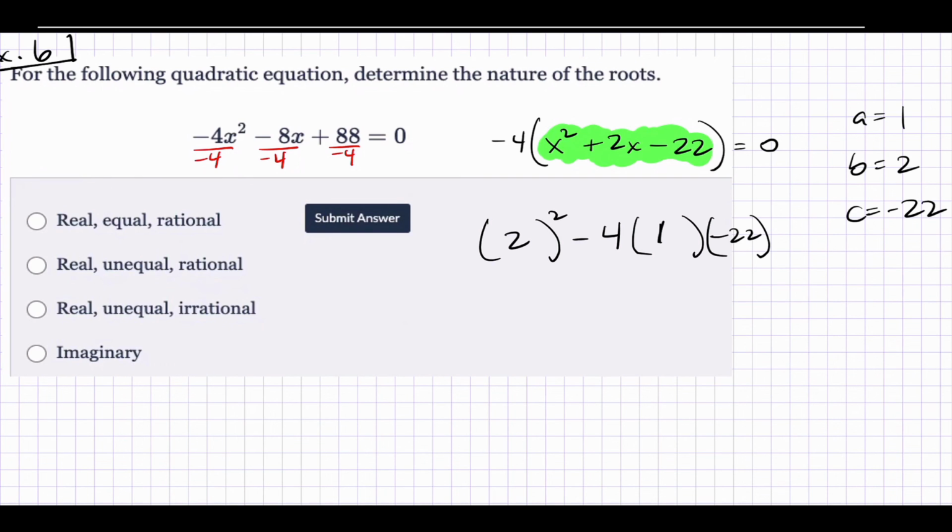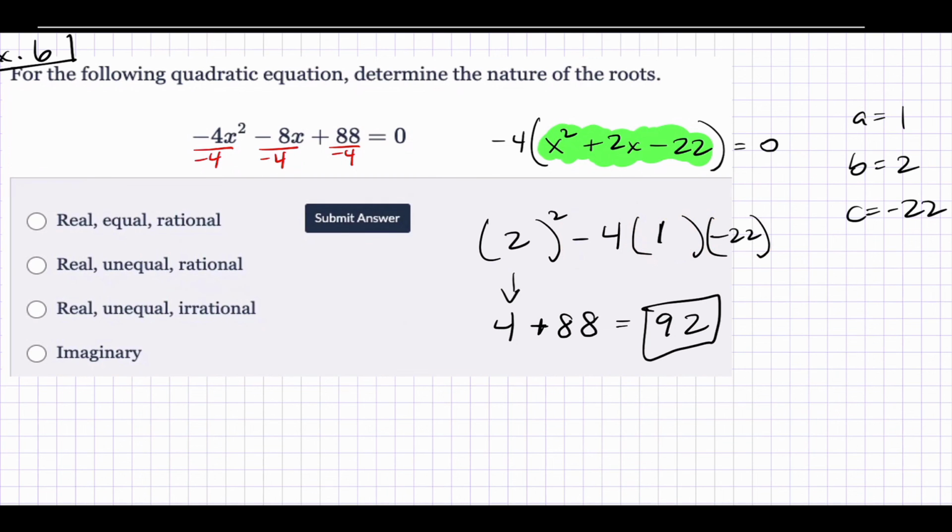Okay. So 2 squared is 4. Minus. And then you have -4 times +1 times -22. So it's going to be a positive 88, which is 92.